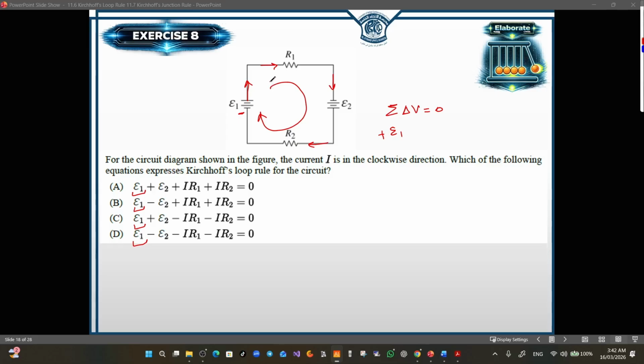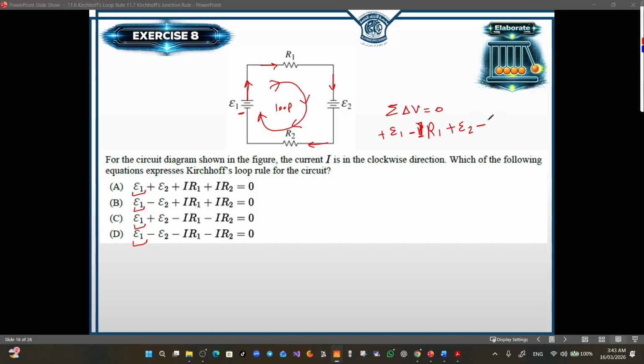Now here, the current and the loop have the same direction, which means the potential difference here should be negative. So negative I times R1. Also, here we are entering the negative terminal of E2, which means E2 should be written with a plus sign. Here, the direction of the current and the direction of the loop is the same, so the potential difference across R2 is negative.